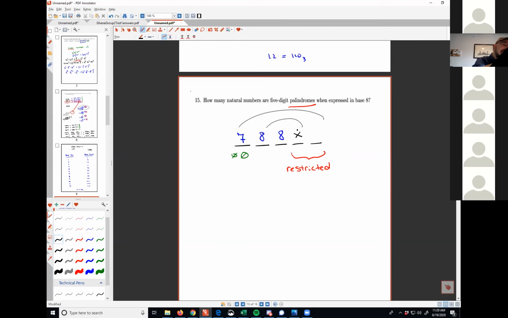So usually in my own paper, I write a star there. But if we're thinking in terms of multiplication, it's just 1 and 1. So our answer is going to be 7 times 8 times 8, which is 448, I think. Any questions or thoughts about this one?